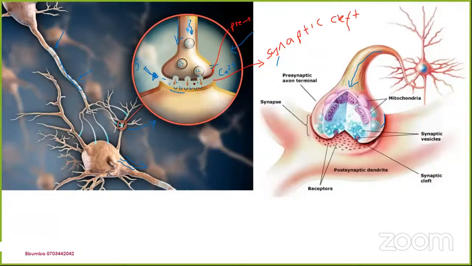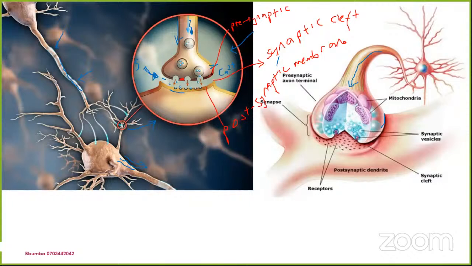And the membrane after the synaptic cleft, or the synapse, is called the postsynaptic membrane. So you must know this terminology. The membrane involving the axon terminal is pre, the space is called the synapse, and then this membrane is called the postsynaptic membrane.